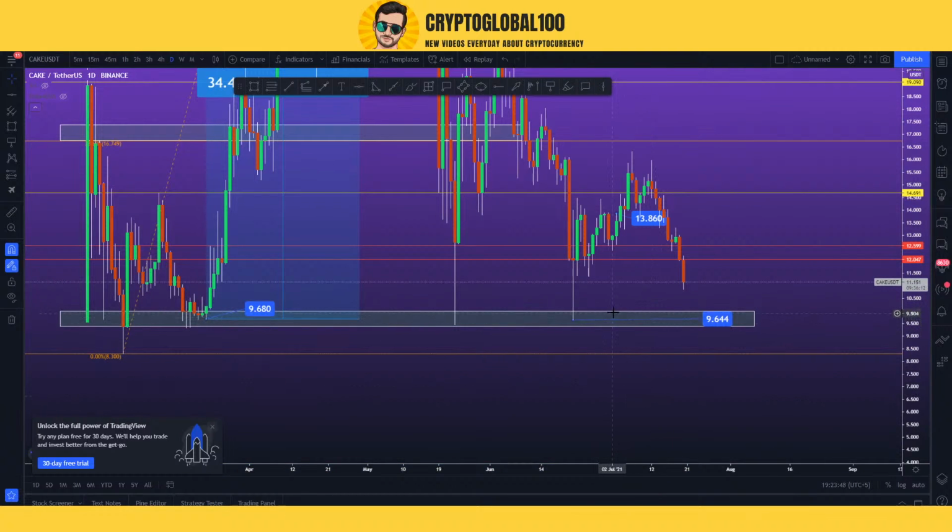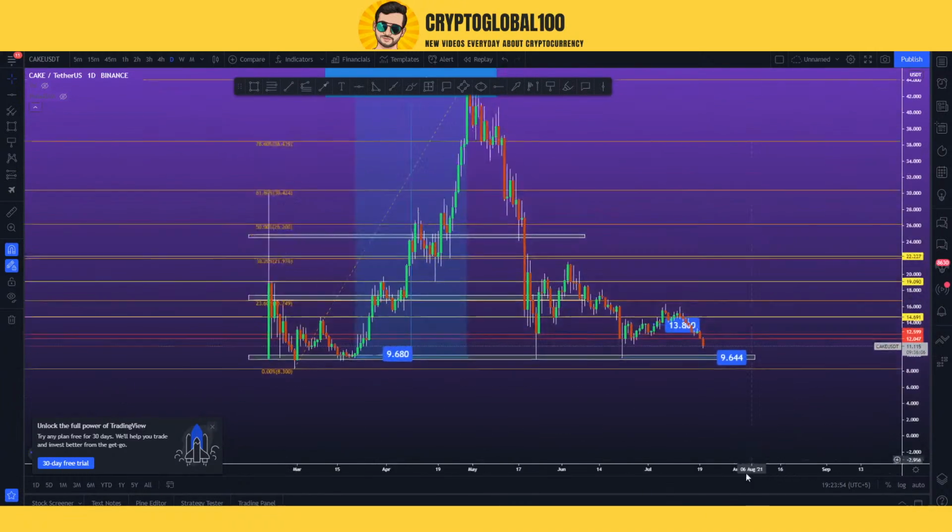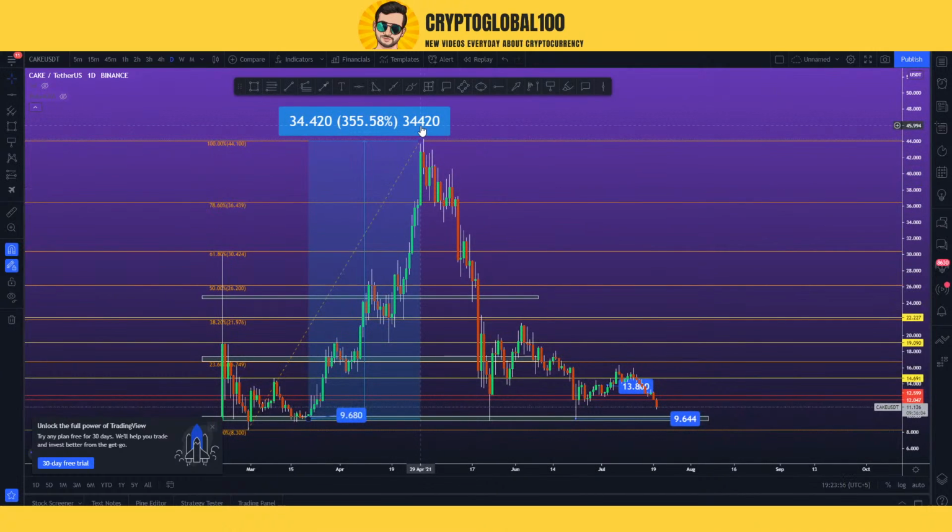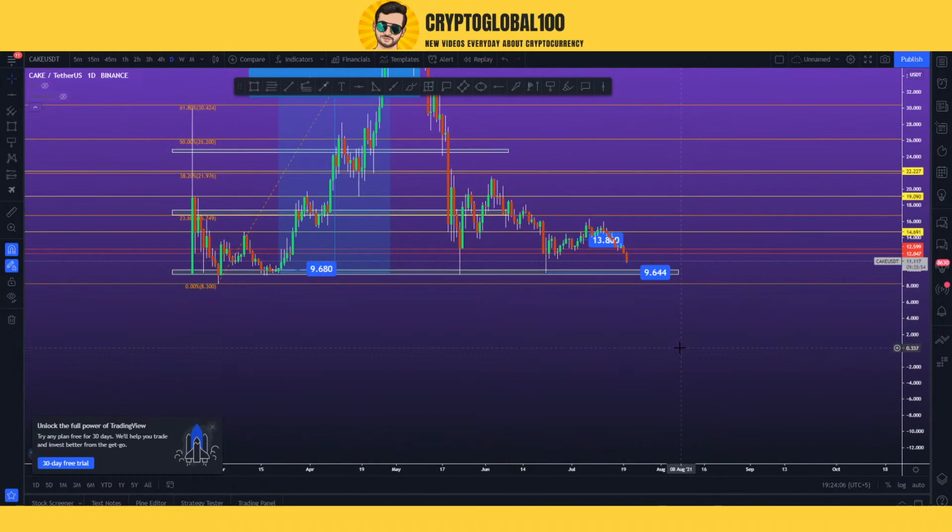I'm gonna make this chart a bit wider for you guys. Right now it is still very cheap, guys. This coin is still very cheap. Just take a look at this level percentage, guys. 355% from this level, and you can still buy cake. That's a very good buy right now.